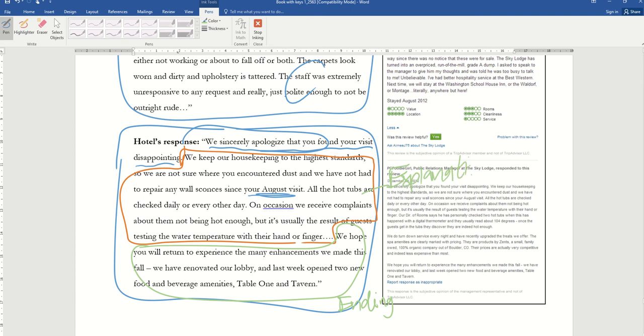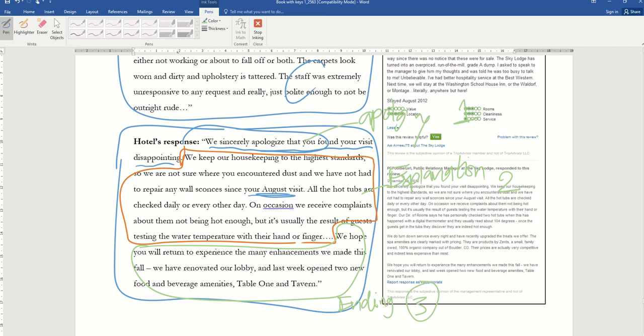So you can see, for the responding part, at least you need to have the introduction to say sorry to guests, and the second one is explain why, and then ending.